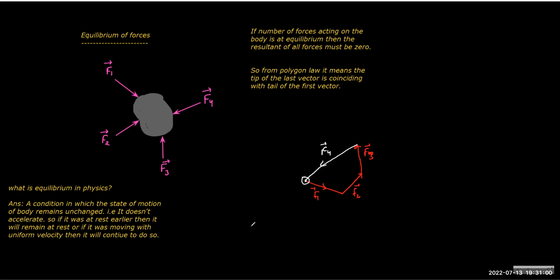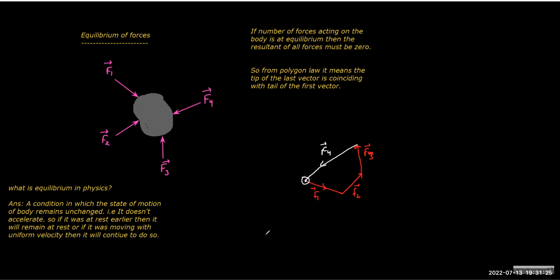Another way of thinking is, if the polygon is a closed polygon, it means there is no resultant. You cannot join the tail of the first to the tip of the last. So anything which is closed represents zero resultant. Okay, so that's the idea.